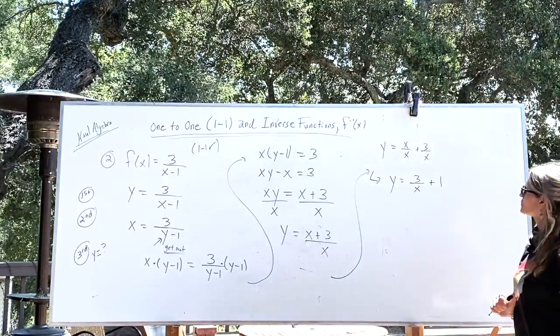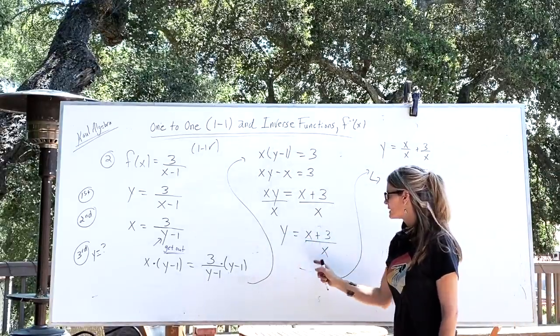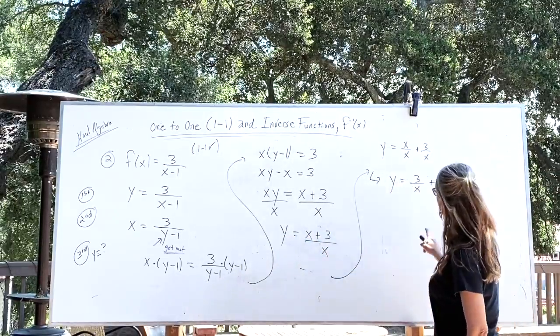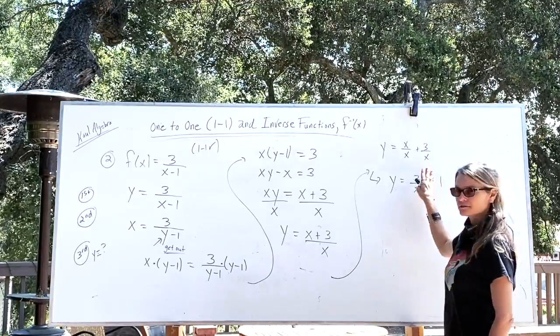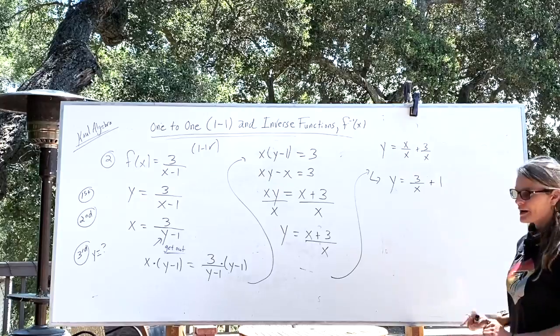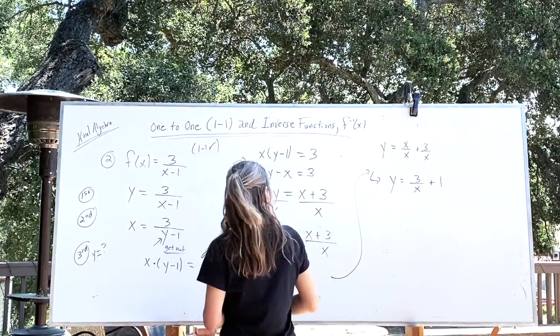I can rewrite it as y equals 3 over x, plus 1. It's perfectly okay to leave it in this format too. This just allows me to see transformations in my rational graph. So that's how I get my y by itself.